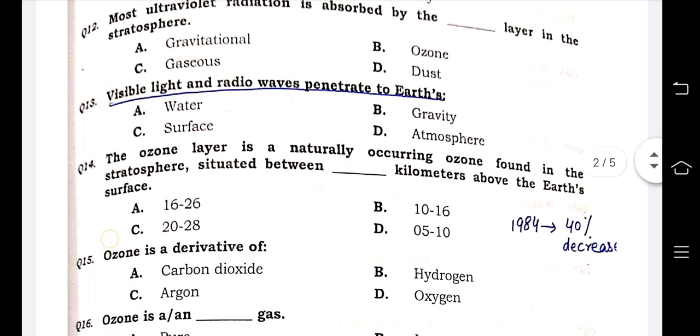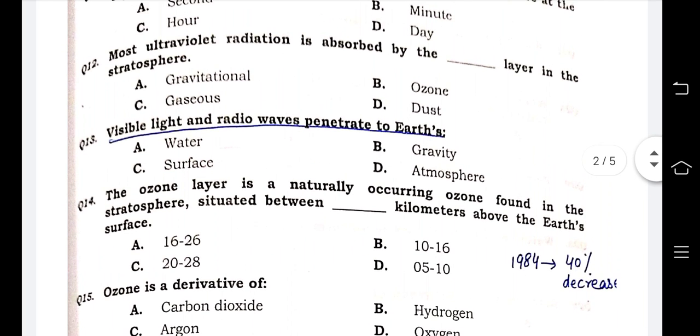Option C. The ozone layer is naturally occurring ozone found in the stratosphere, situated between dash kilometers above the Earth's surface: option A 16 to 26, option B 10 to 16, option C 20 to 80, option D 5 to 10.